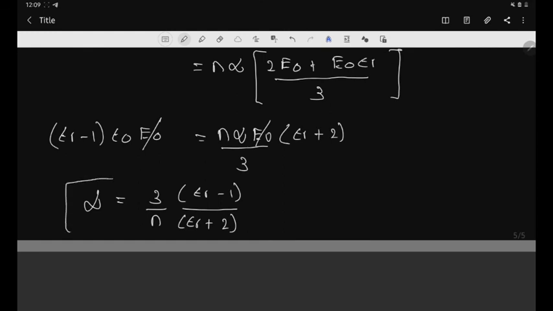So this will give us the equation that we wanted. I have forgotten epsilon naught here, so it will be 3 epsilon naught into relative permittivity minus 1, divided by n into relative permittivity plus 2. Now this will easily give us the value of alpha, which is the constant at molecular or atomic level.